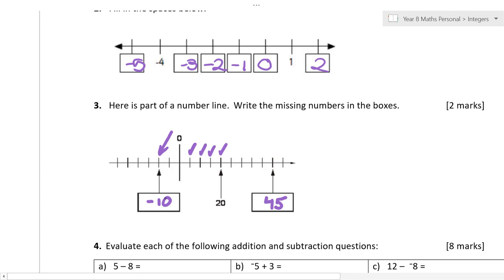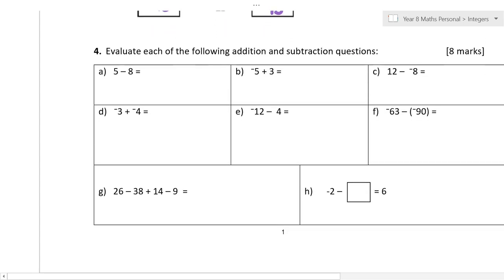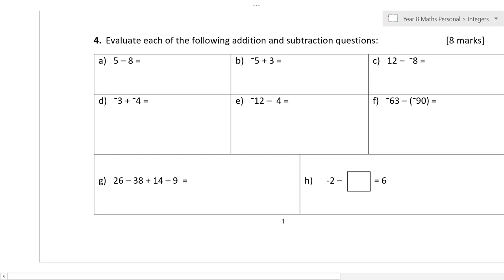Okay, so question 4A, I've got Zoe. If I can get you to come up, please. And if you can go through with me 4A and 4B. Okay. Oh, hold on, I need my ruler.